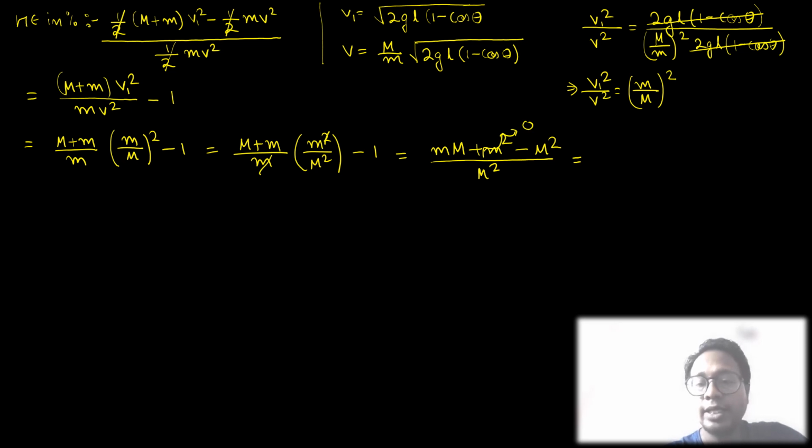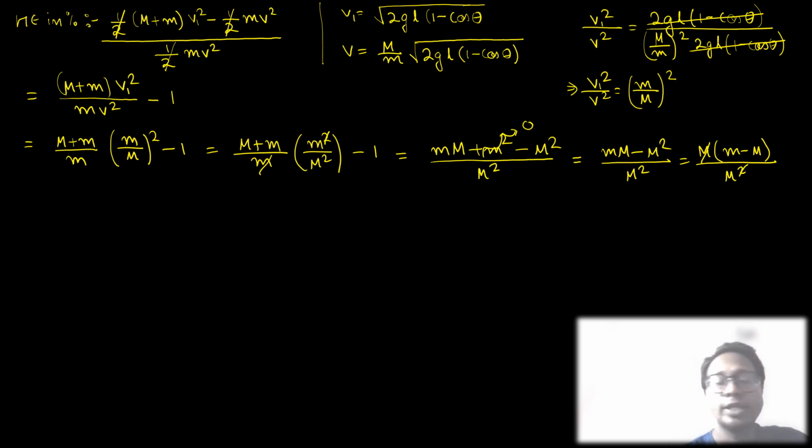So it would be M minus m square divided by M square. If I take M common, M minus m divided by M square, and M square would get cancelled, so the percent of energy lost would be m minus M divided by M.